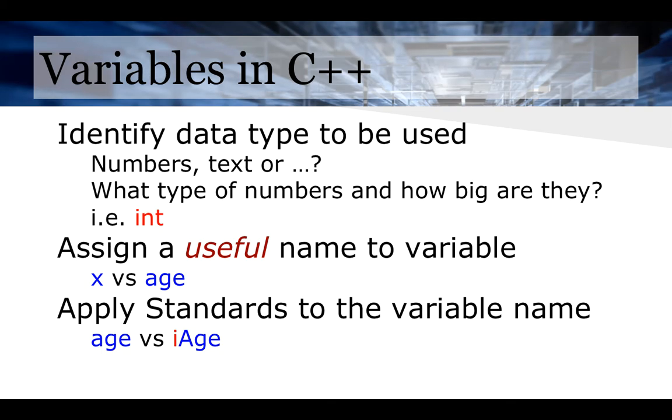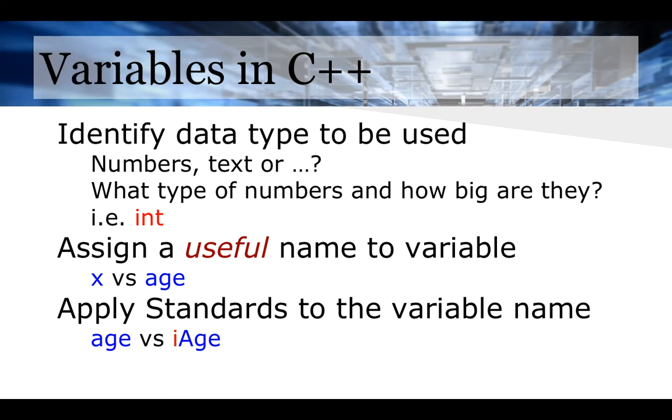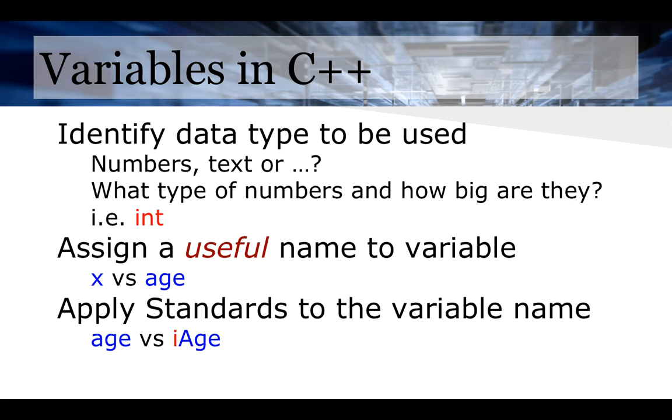So once you identify how the data is, you need to pick the right data type, the one that you are willing to pay for. And let's say that you select numbers and you don't want to be using floating point numbers, just integer numbers.